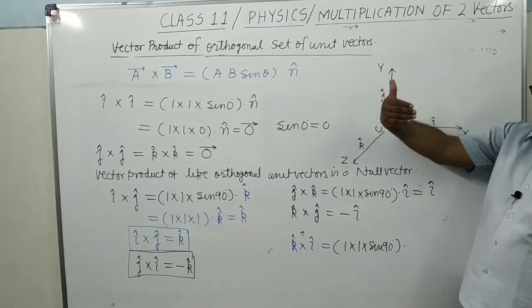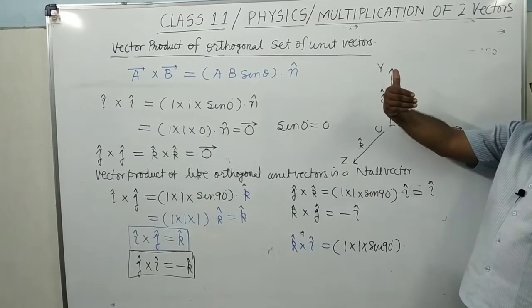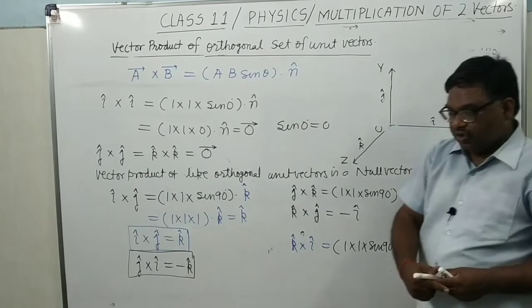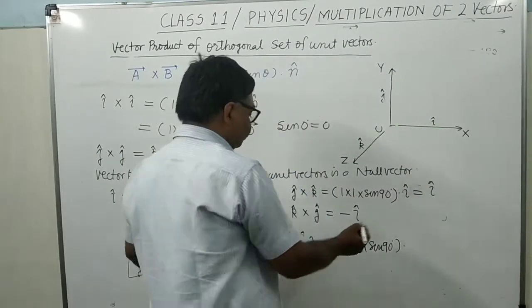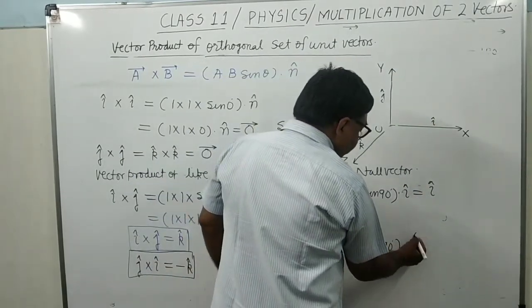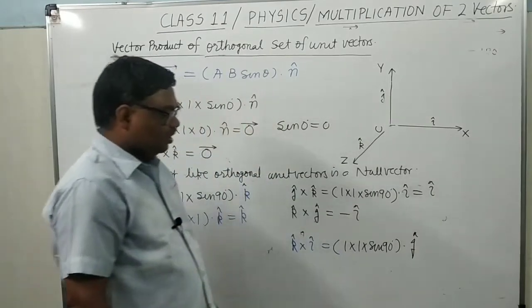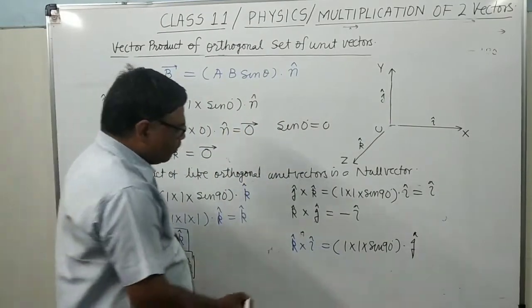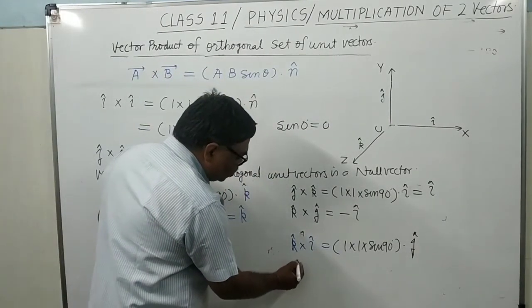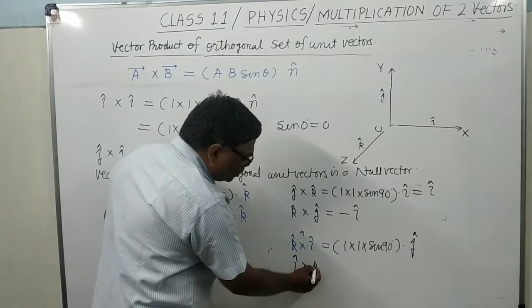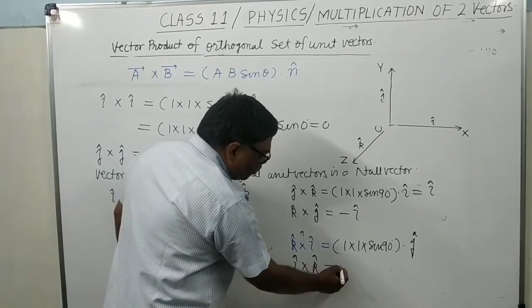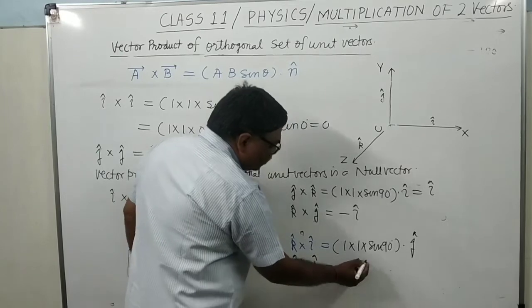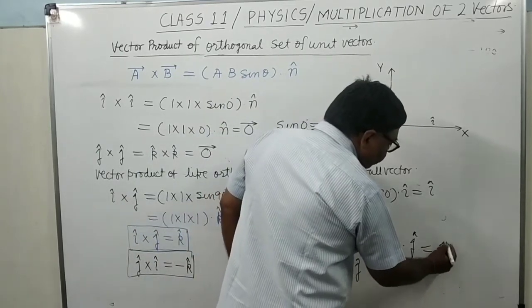Towards the y-axis. In y-axis, what is the unit vector? It is j. So it will be equal to unit vector j. It is clear? If you write the reverse of this, unit vector i cross unit vector k, it will be minus vector j, because k cross i will be equal to finally unit vector j.